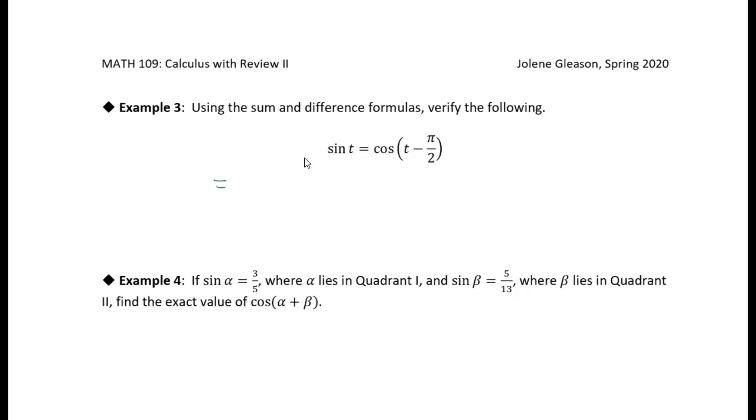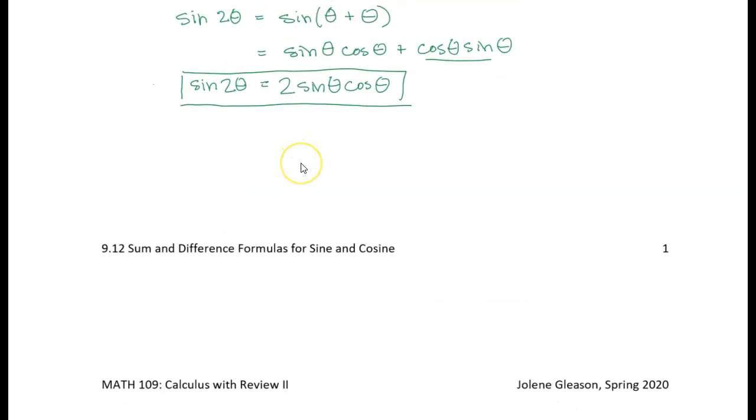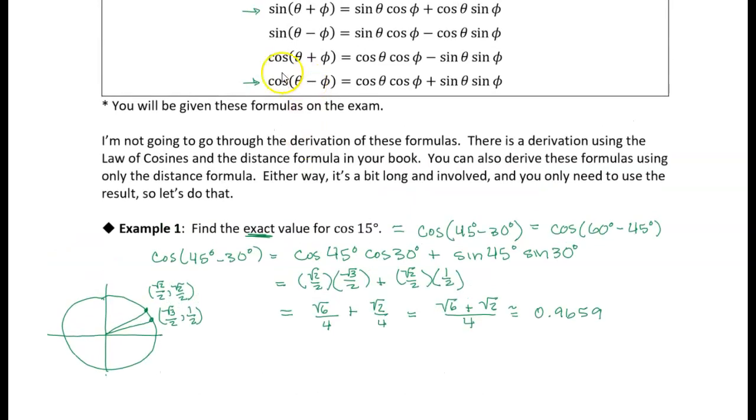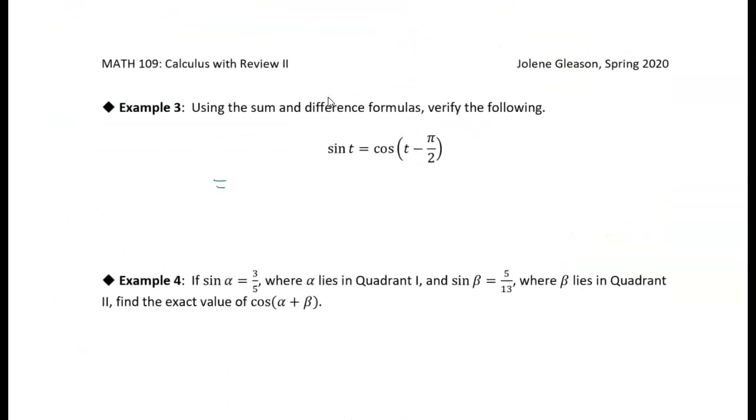So we want the difference formula for cosine. Okay, so again, I wish I had this on the side. I could just point to it, but I suppose I can scroll up. So we've got a difference for cosine, right? So we're going to use the same one that we did before, cosine theta minus phi. All right. So if you've got your paper in front of you, you'll be able to see this better.